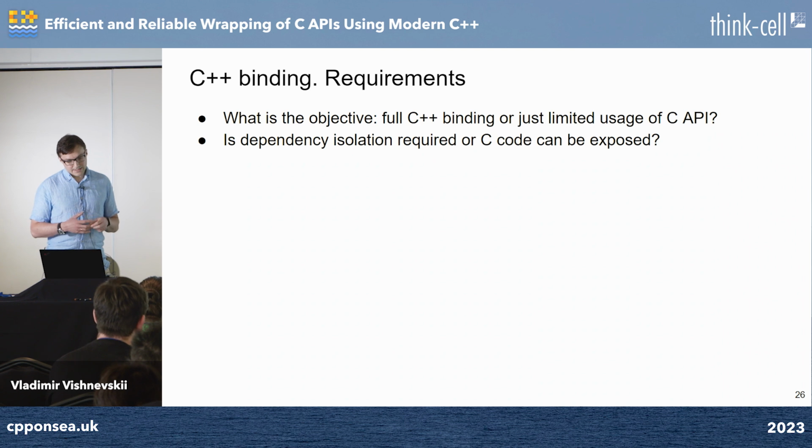It's quite important that we understand what we want to achieve. One thing is that we want to have a full C++ binding of the whole functionality of LMDB. This is one case, and it requires some effort. Or it is just some form of limited use case, where we just need to use the API from some C++ code.